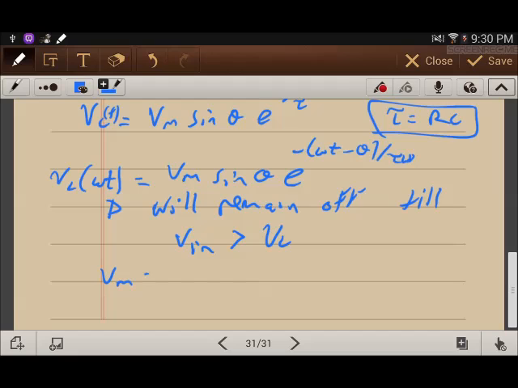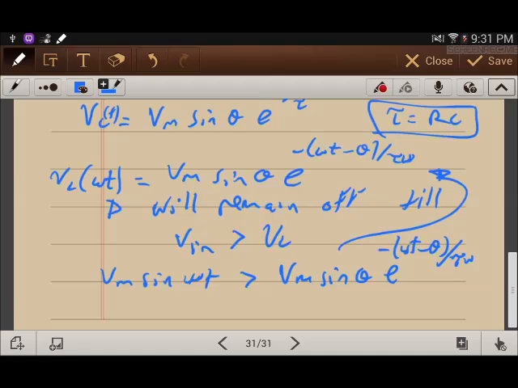V input is known as V maximum sine omega t, which should be greater than V maximum sine theta e to the minus omega t minus theta divided by tau omega, which is this one. Diode will remain off till this input voltage is greater than this voltage. When this condition occurs, it means that the diode will turn on again.